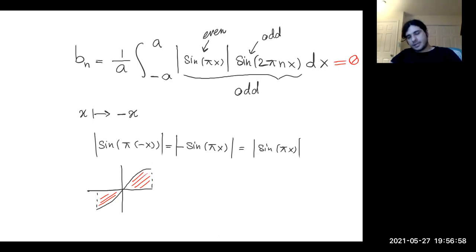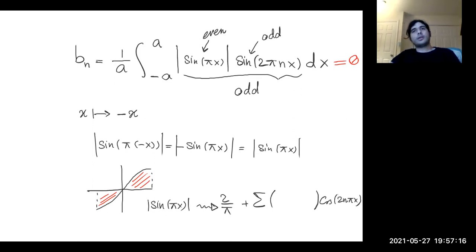So the Fourier series of the absolute value of sine of pi x would be equal to the constant we computed, 2 over pi, plus the sum of some numbers times cosine of 2n pi x. What are those numbers? They are equal to minus 4 over pi times 1 over 4n squared minus 1.